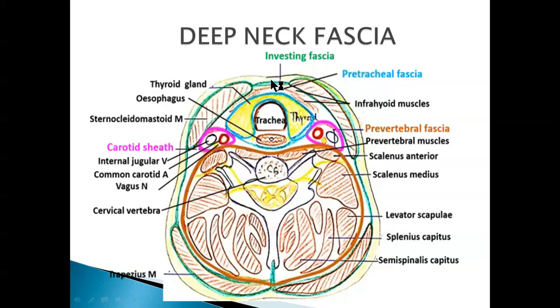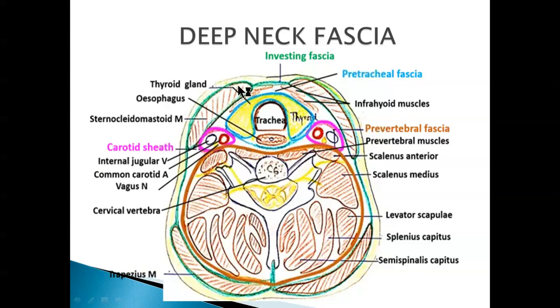Now, what investing fascia does is it divides into two layers. One over here and one over here, anterior and posterior, and it covers your SCM. It invests your sternocleidomastoid muscle. Here again, we can see one coming in this way and one coming on this side, anteriorly and posteriorly. It envelops your sternocleidomastoid muscle, this long muscle.